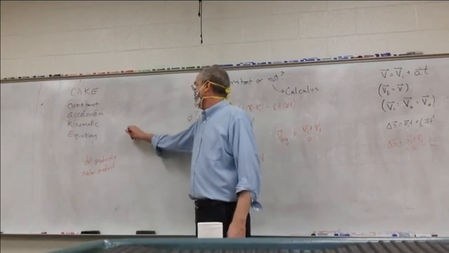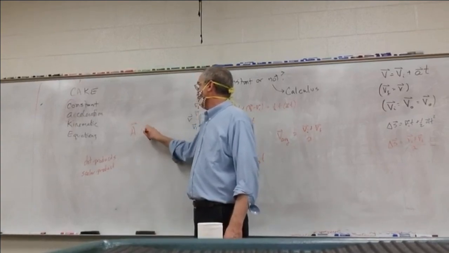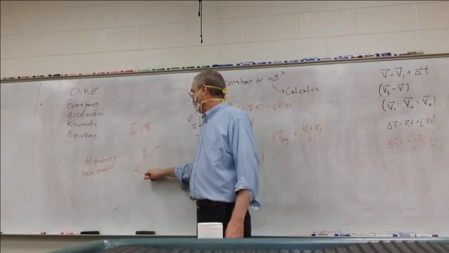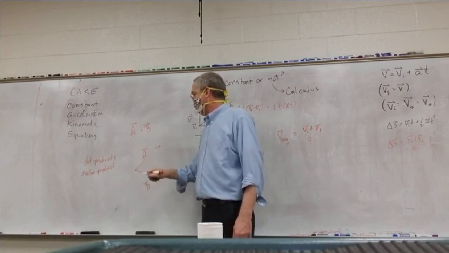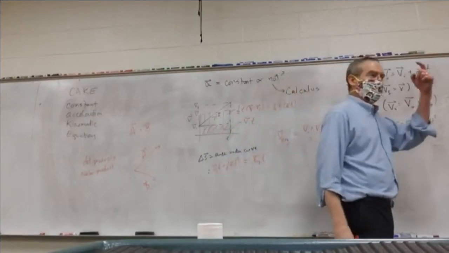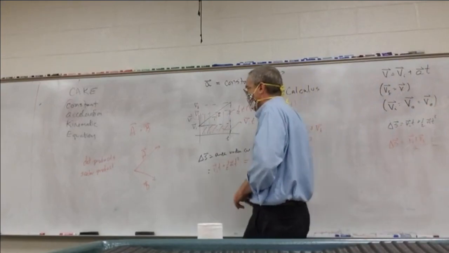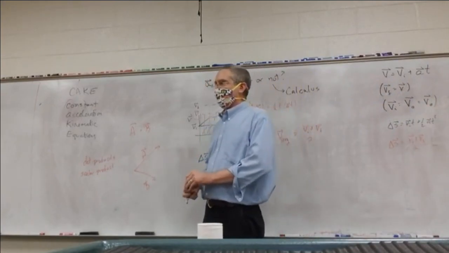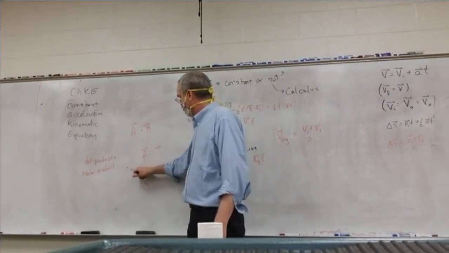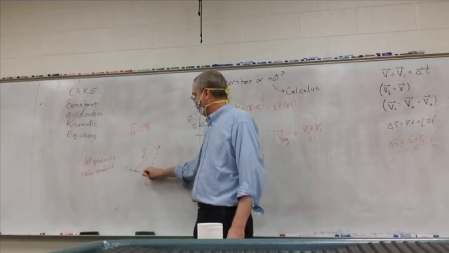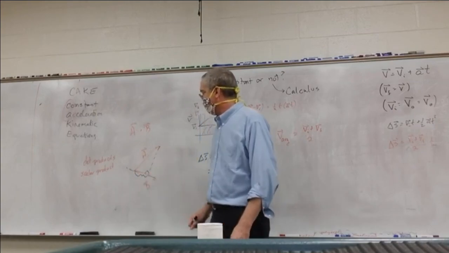So dot product. If I have a vector A dot B, so I have 2 vectors here, vector A, vector B. What I want to know is how much of vector A is in the direction of B. Well, we do a projection. How much of A projects onto B? So this piece right here is the part that I care about.